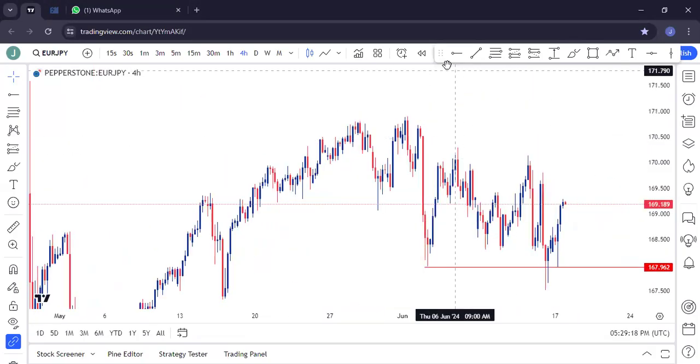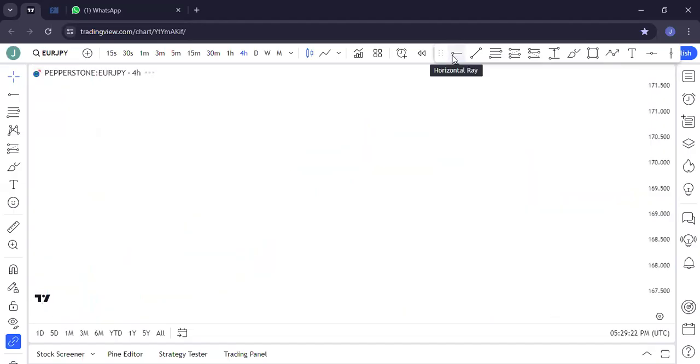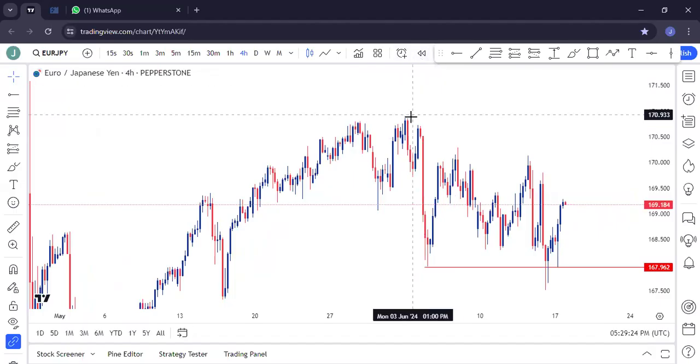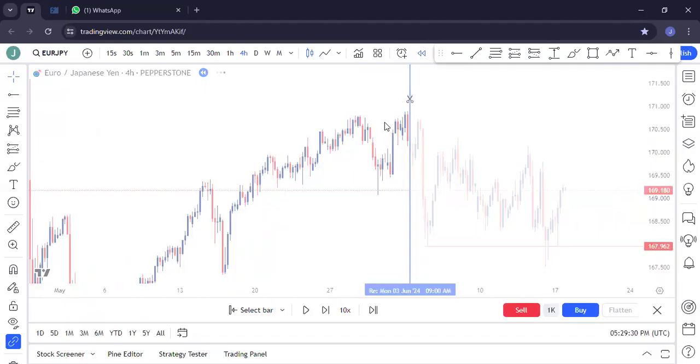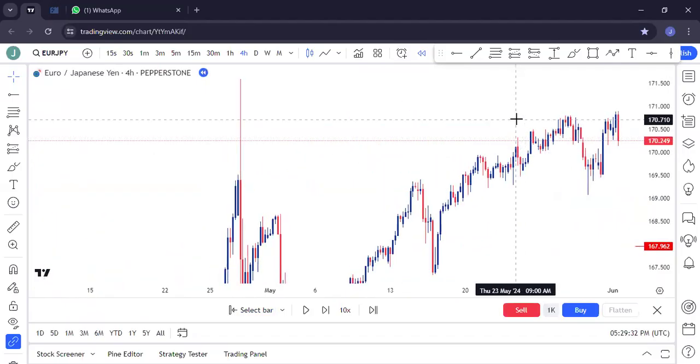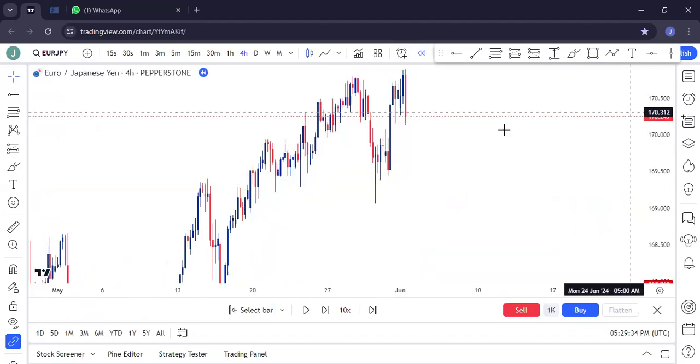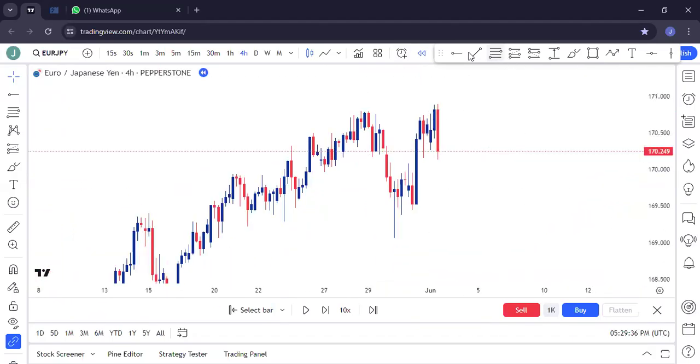I got an entry somewhere here. Let me check. Let me cut here, like this. So look here closely. This was our high here.